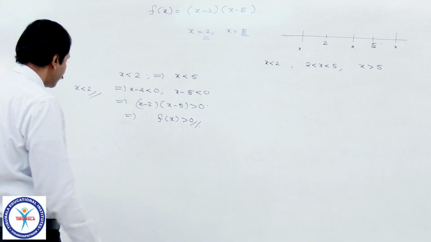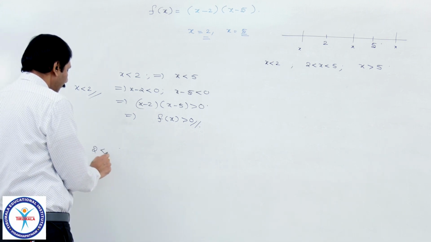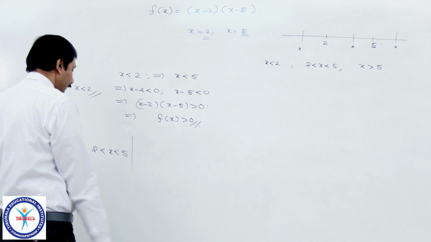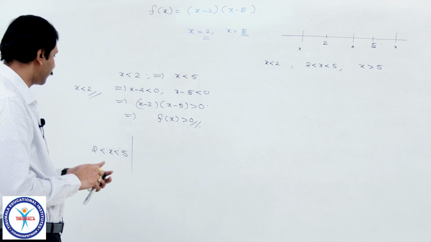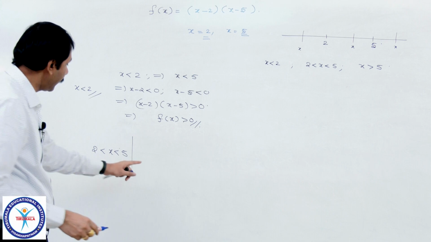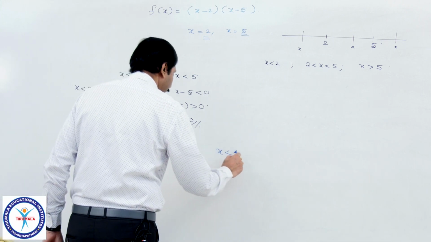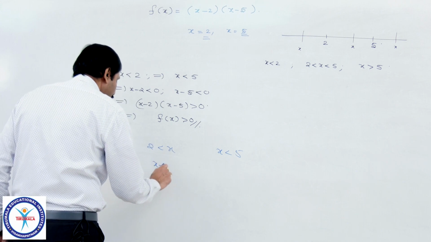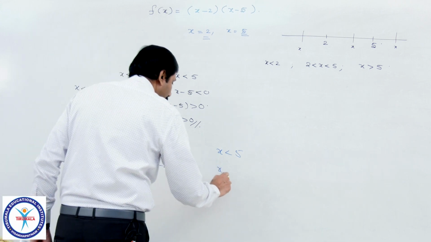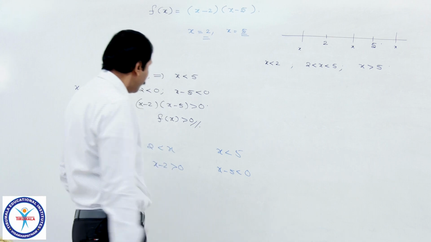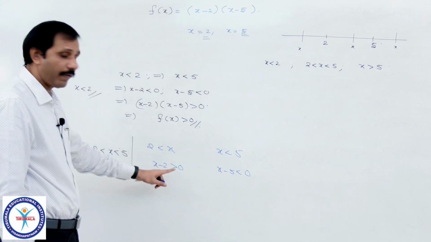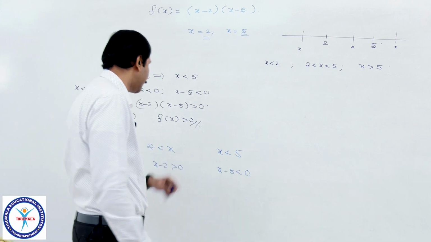And next, the second case, let us take when 2 is less than x less than 5. Observe this. 2 less than x less than 5 means 2 is less than x and x is less than 5. Here I can write x minus 2 is positive and x minus 5 is negative. Between these two factors, one factor is positive and one factor is negative.